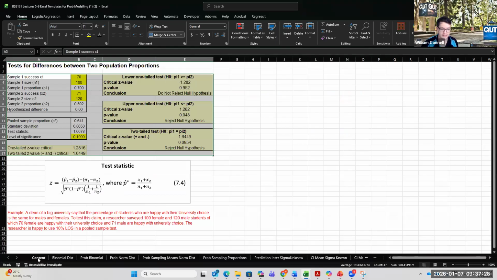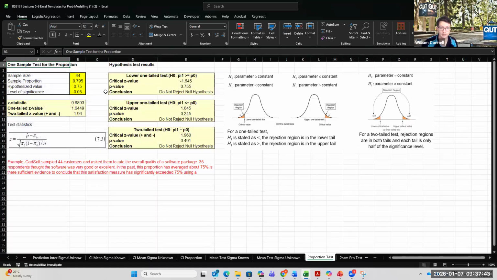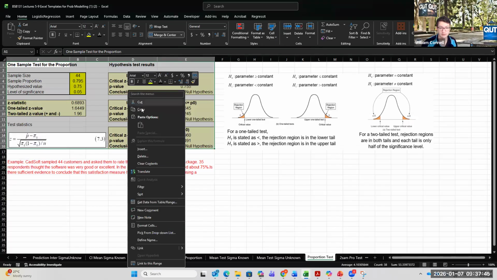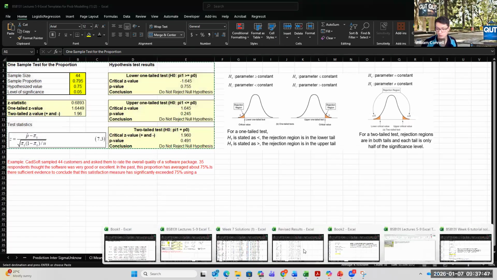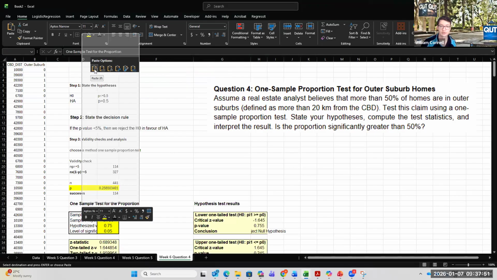So using this calculator is going to be the simplest way of doing it, unless you feel like doing it manually. We're after a one sample proportion test, which we can find in the table of contents. And we're going to copy and paste this calculator over to our working file. We're going to use the regular paste option because we don't want to get rid of any of those formulas.